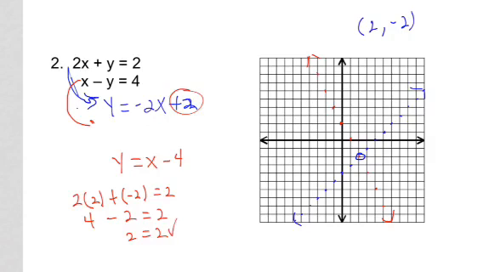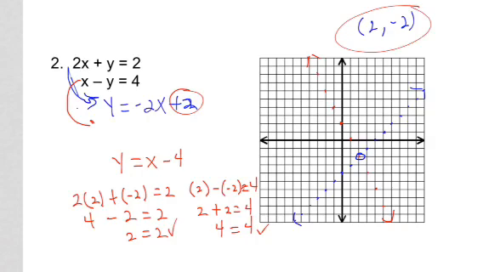And then we have our x value on our second equation, which is 2, minus our y value, which is negative 2, equals 4. So 2 minus a negative is positive, 2 plus 2 equals 4. 4 does equal 4, so that's a true statement. And our solution is positive 2, negative 2.